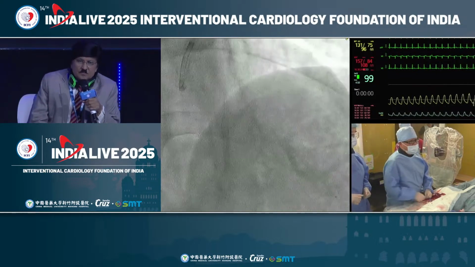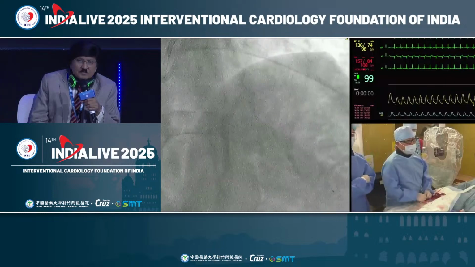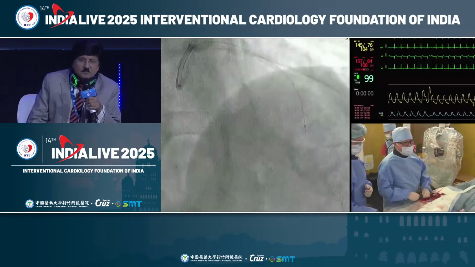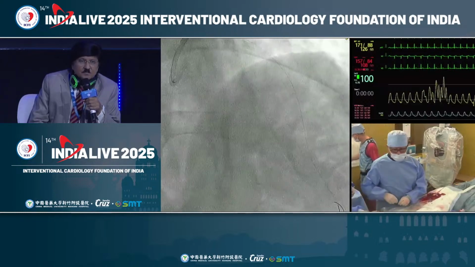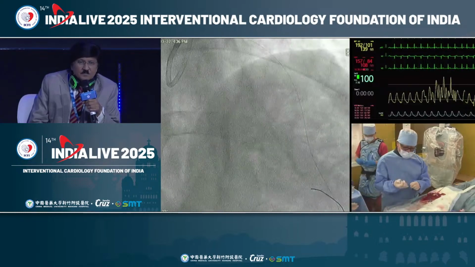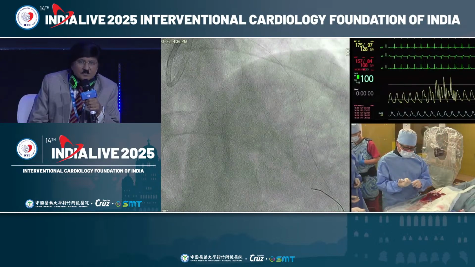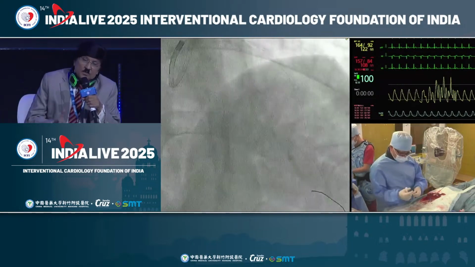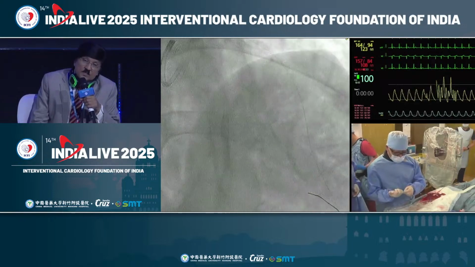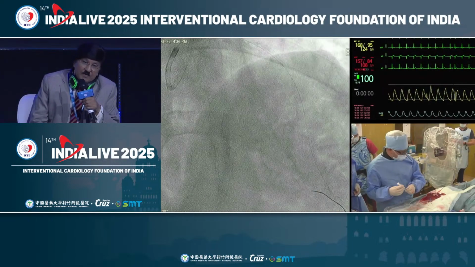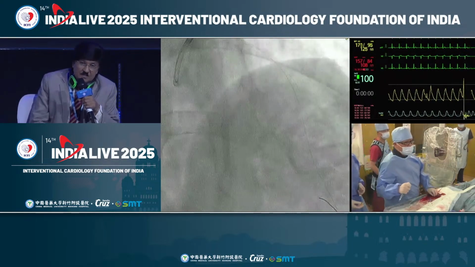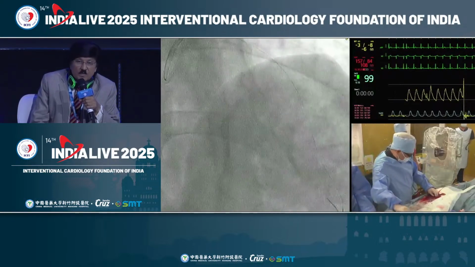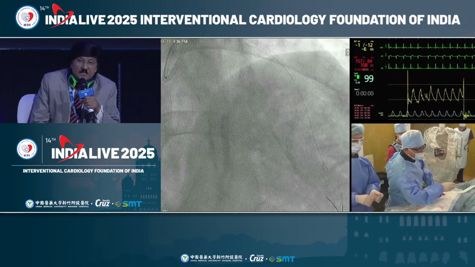So now I have finished with the 1.75 burr, and the 2.0 burr rotablation is already done. I will show you the IVUS imaging findings after the 2.0 burr. What is your preference between OCT and IVUS, especially in calcium lesions? You are using IVUS here. Yes, very good question.